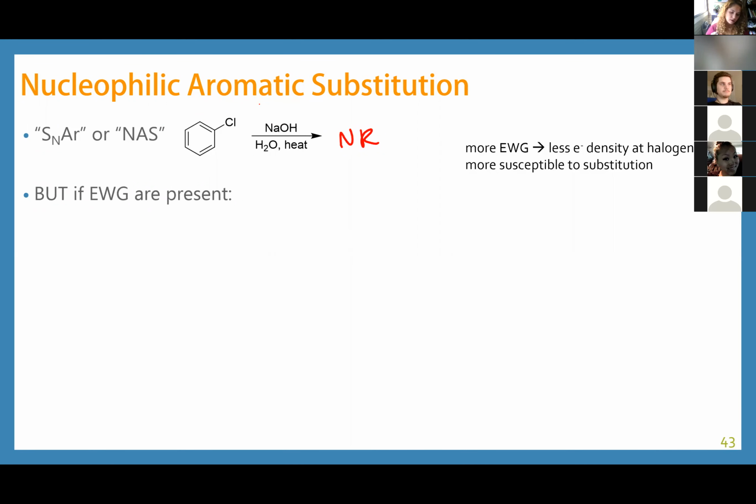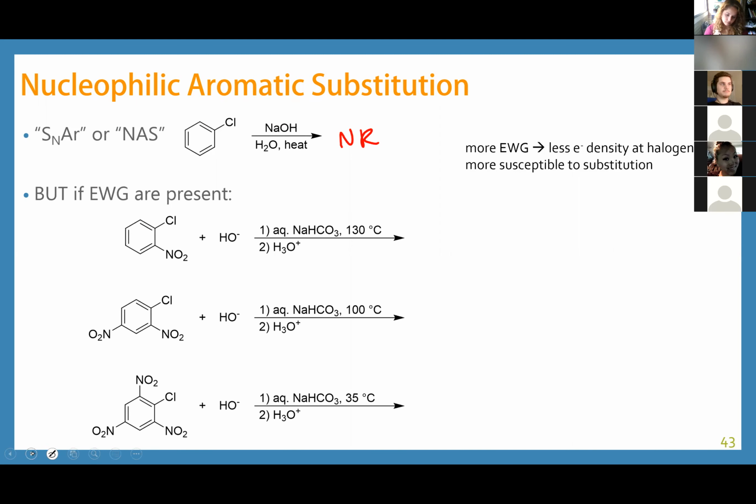So in order to get this reaction to occur, you have to have some electron withdrawing groups present on the benzene ring. And the reason why is that we want there to be less electron density at the halogen carbon so that it is more susceptible to substitution. Basically, if electron withdrawing groups are present, that makes this more electrophilic.